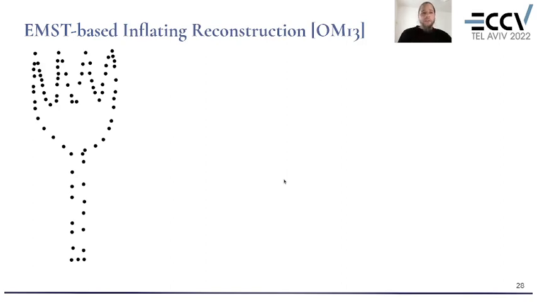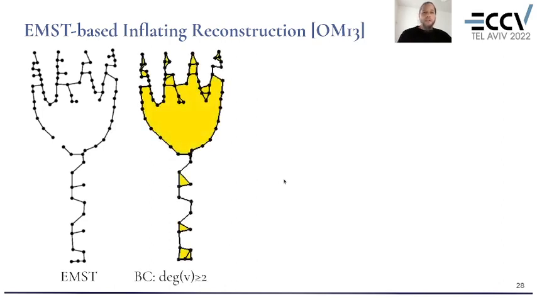In 2013 we published another algorithm which is based on the EMST, and what we do here is we first construct the EMST spanning all the points, so this already resembles the shape. Then we compute the boundary complex as explained in the first part by extending the EMST, where each vertex has at least one incident edge, to at least two incident edges, also sorted by minimum length of the edges.